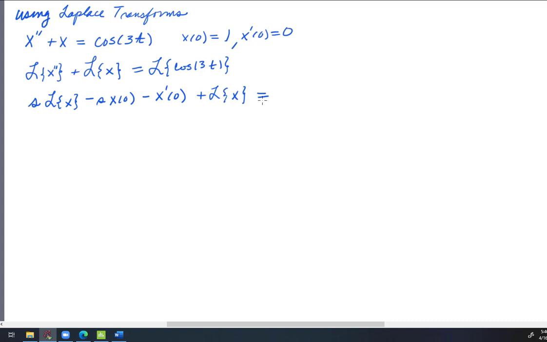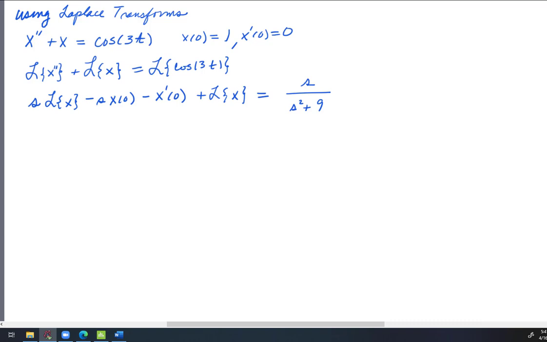The second option, and the more practical one, is that we look in the inside cover of our book or anywhere else where we've got a table of Laplace transforms, and we look up the Laplace transform of cosine 3t. And if we do that, we'll find it's going to be s over s squared plus 3 squared, and I'll write 3 squared as 9.